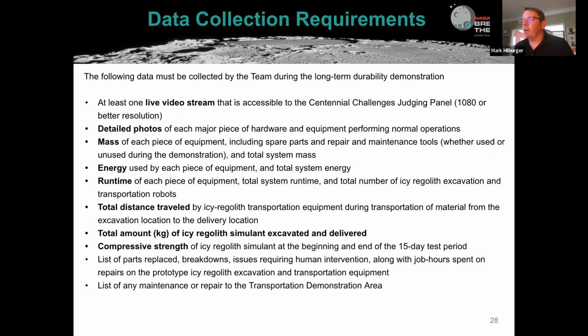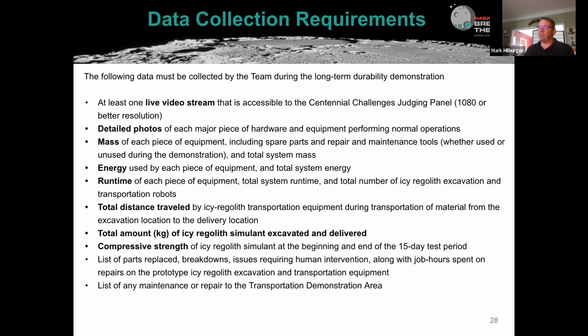We're looking for various types of data to be collected and recorded during the durability demonstration test. At least one live video stream accessible to the judging panel. Detailed photos of each major piece of hardware and equipment performing normal operations.